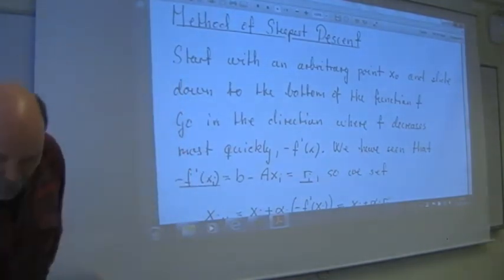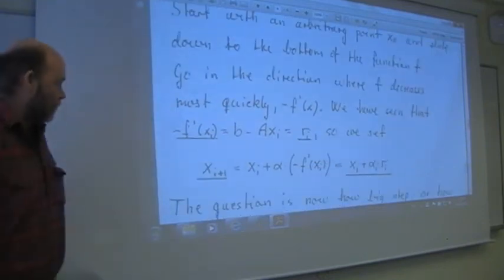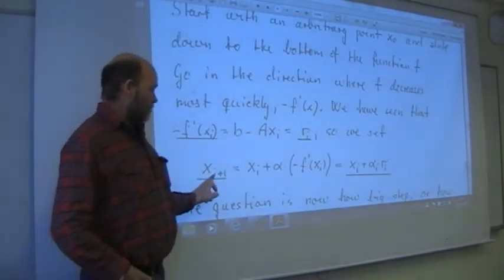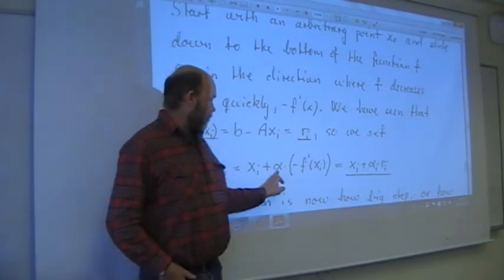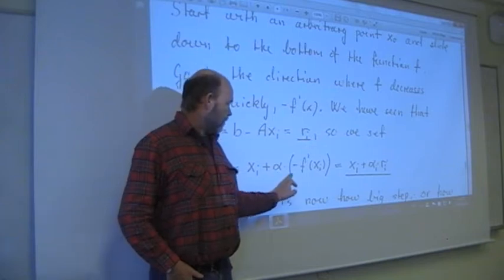And when you know the direction, the f gradient, then you can find a much better x by just walking some distance alpha, just a number, how long you should walk in this direction.